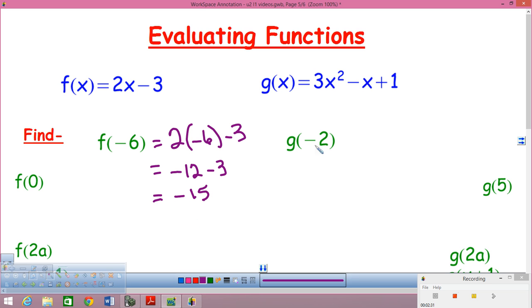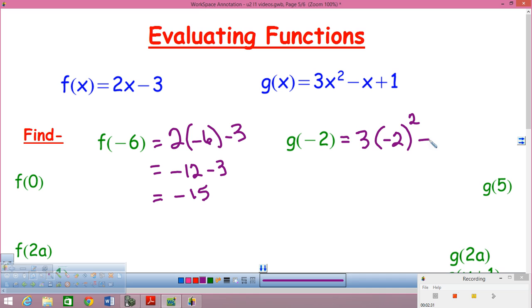Using negative 2 in my g function, this x comes out, negative 2 goes in its place. That squared is on the outside. When you put this in your calculator, you have to be careful of this negative number. Separate it in parentheses and put the squared on the outside.